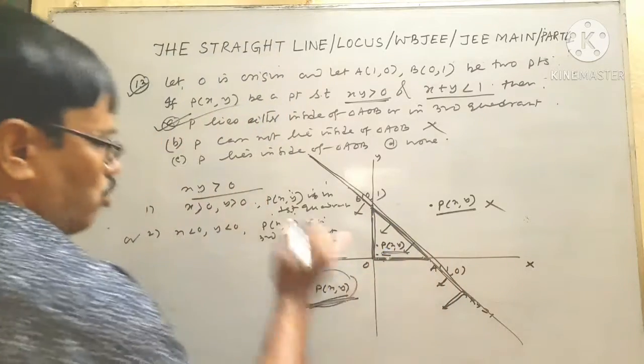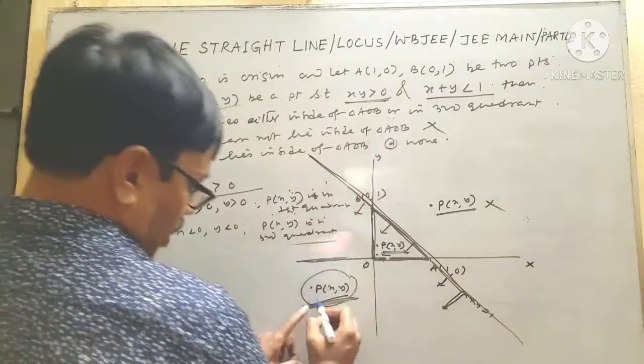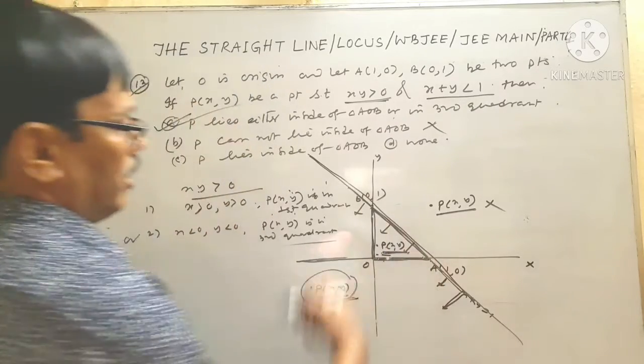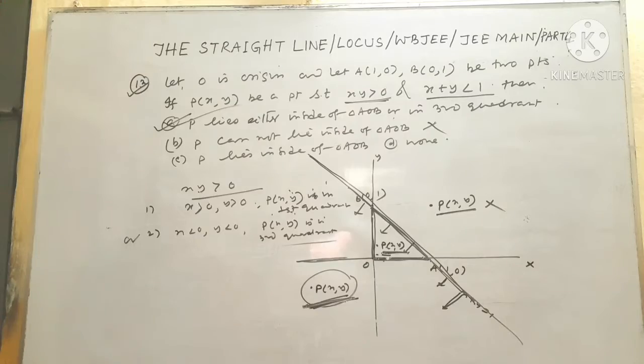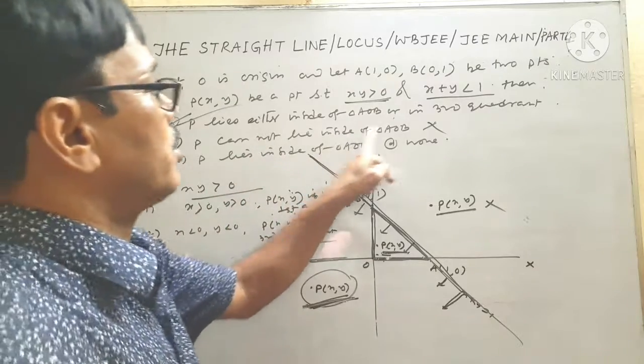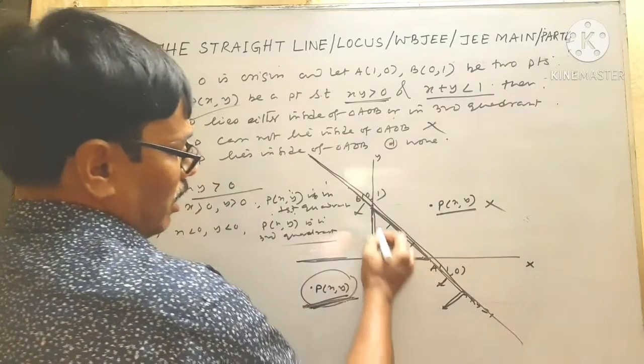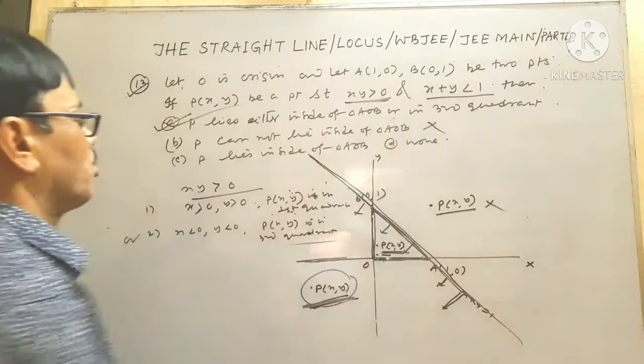So P can lie inside, and P cannot lie inside AOB is not possible.